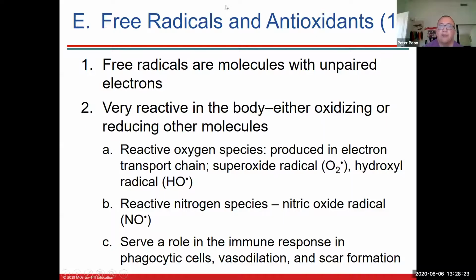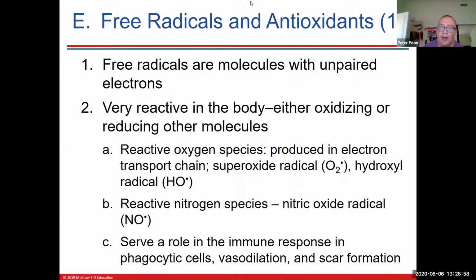Okay. Free radicals are molecules with unpaired electrons. So what happens when you breathe in oxygen? Oxygen, obviously we need it to function, but oxygen in large amounts is also slightly toxic. They oxidize things, and by oxidizing things, they form ROS, reactive oxygen species, and that is a free radical.